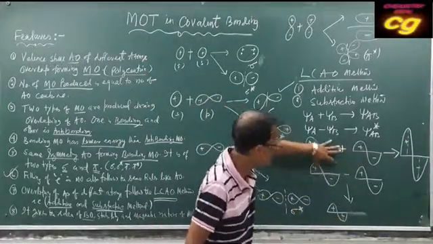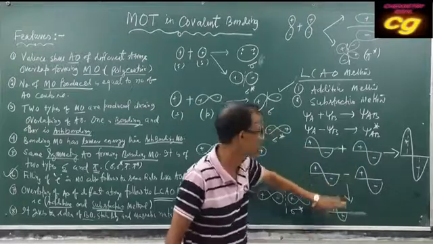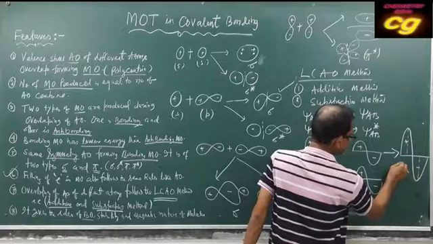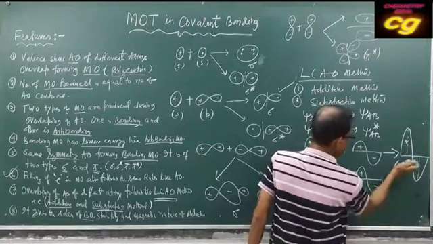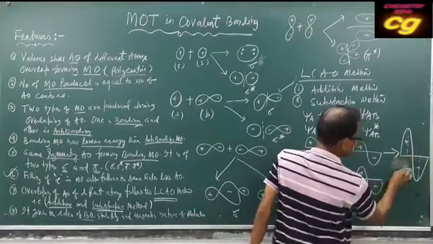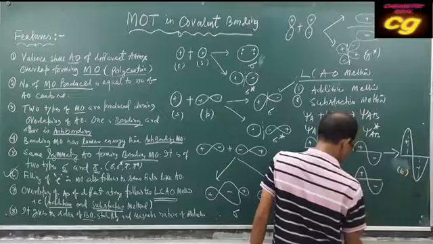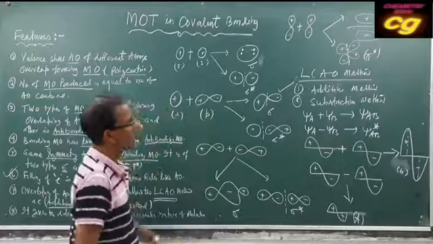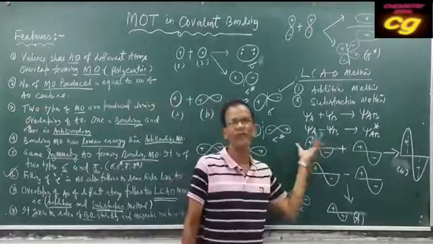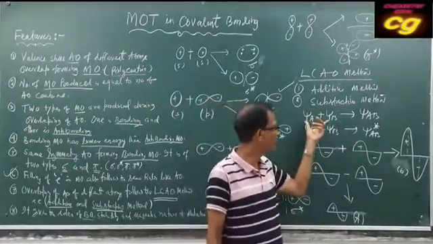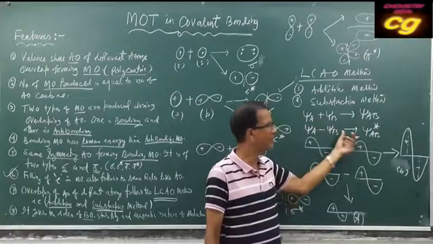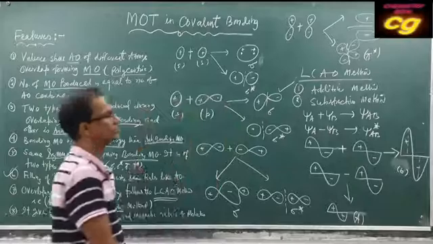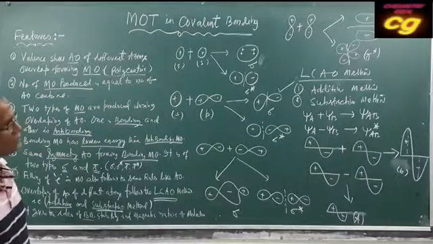So you can say this is bonding, and this is your antibonding. In this way, waves can be added, and orbitals can be added or subtracted: the additive method and the subtractive method. So this is regarding the LCAO method.